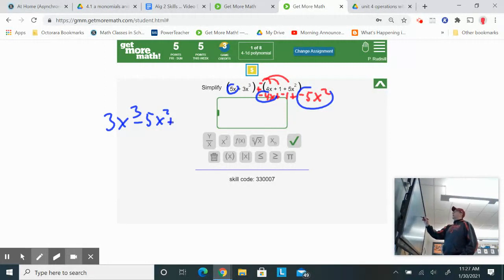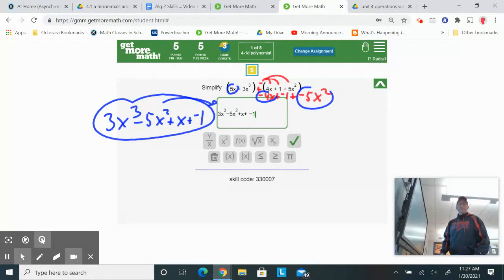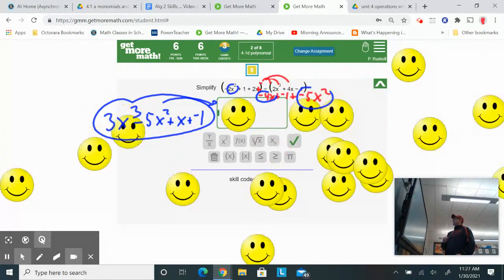So just add x, same as 1x, but you don't need the 1. And any numbers, I have a negative 1. So I'll type this into my box. And the survey says, good job.